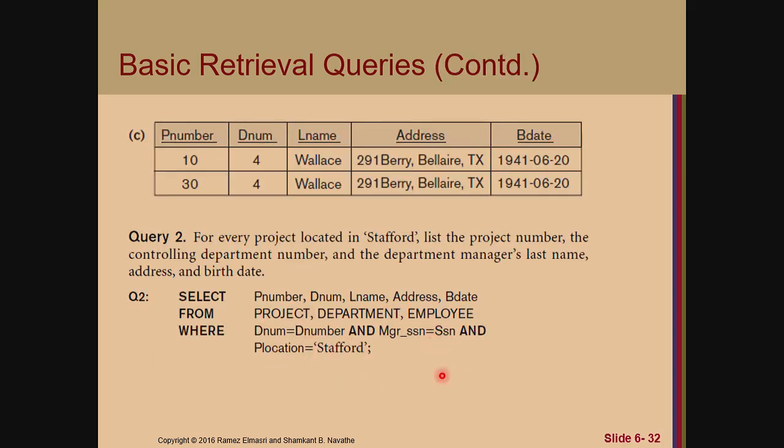This one is already complex because we have to use 3 tables, right? Here, every project location in Stanford lists the project number and the control department number and the department manager last name, address, the birth date.